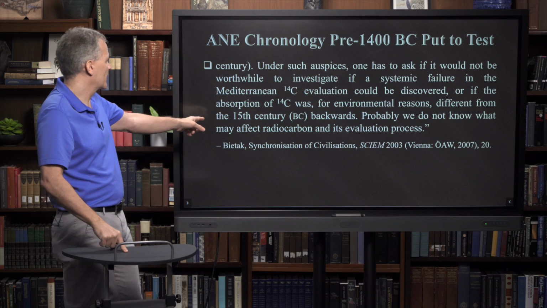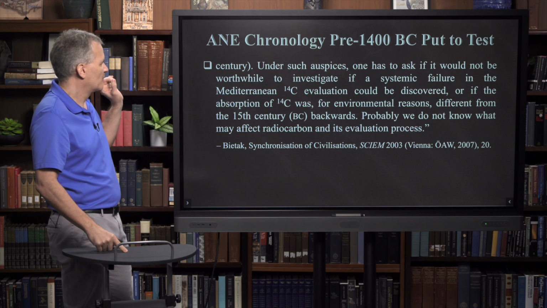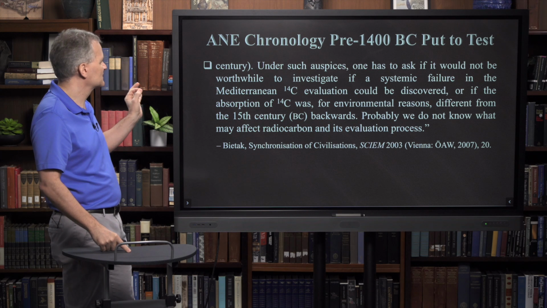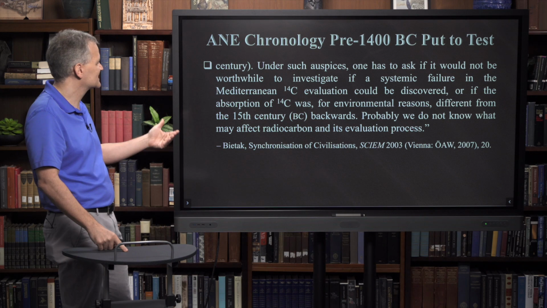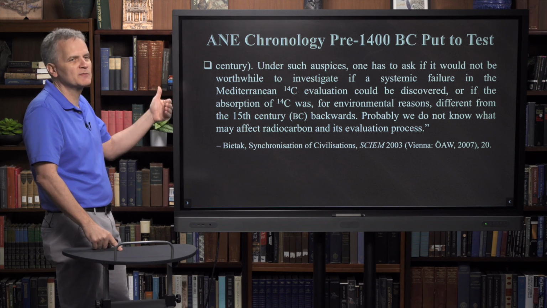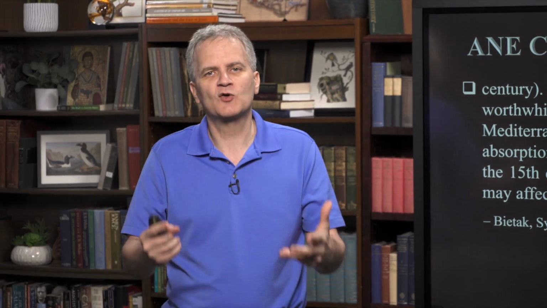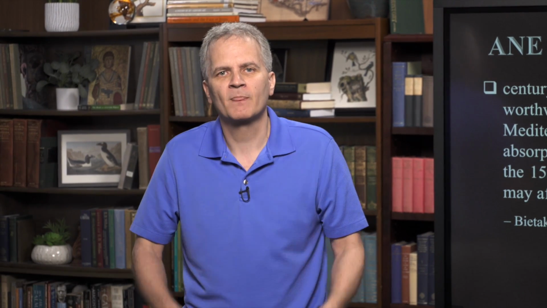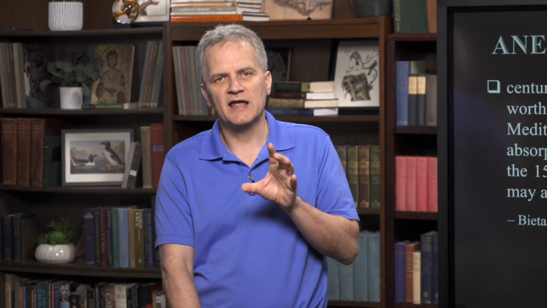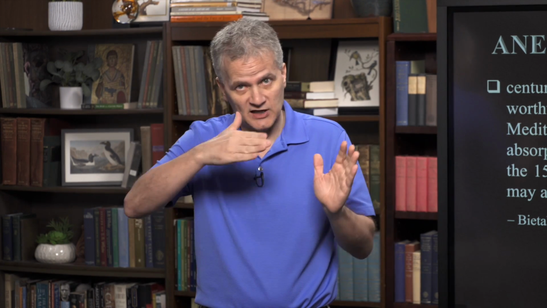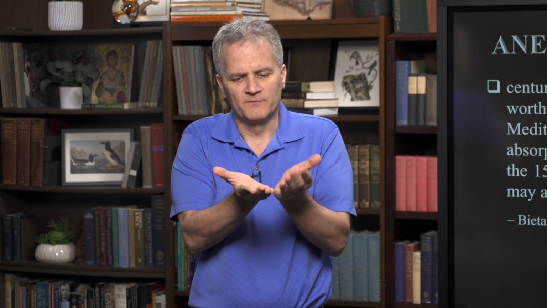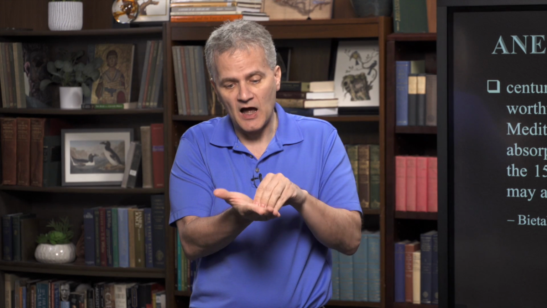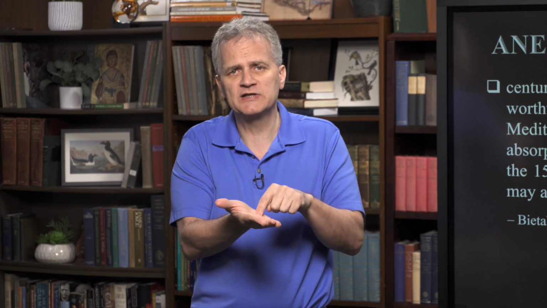But he made this point, or he asked this question: what if the problem is that the absorption rate of carbon-14 was, for environmental reasons, different from the 15th century BC backwards? So that's the question. That's the research question. Could it be that there is a standard that we have today, and we can test, and it shows up consistently every time, that there is a standard decay rate for organic material that died after 1400 BC?